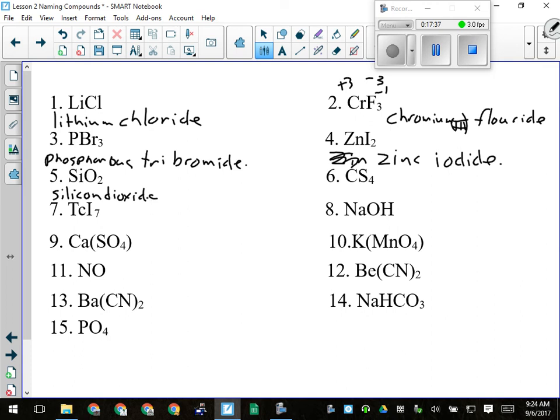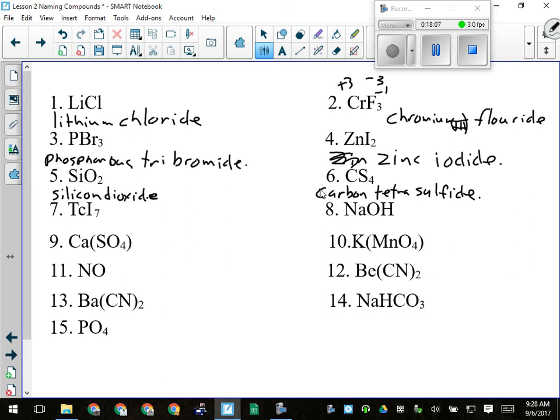Okay, give you a few more minutes here and I'll do another 5. Okay, so for number 6, I've got carbon and sulfur together, molecular or ionic? Molecular, okay, carbon is a non-metal, so we've got carbon tetrasulfide. Okay, for number 7, we've got technetium and iodine, ionic or molecular? Ionic.